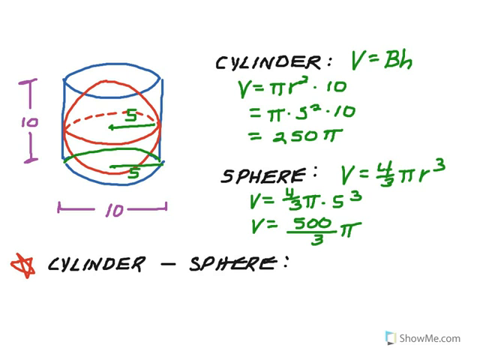So the volume that's outside the sphere but inside the cylinder is 250 pi cubic units minus 500 thirds pi cubic units.